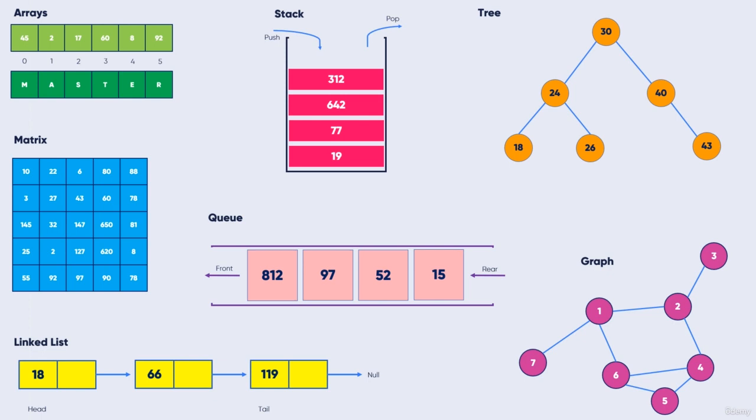Every user is a node. And also Google Maps uses a graph algorithm called Dijkstra that we are going to see in the graph lessons. So these are the data structures that we are going to deal with in detail in the next lessons.